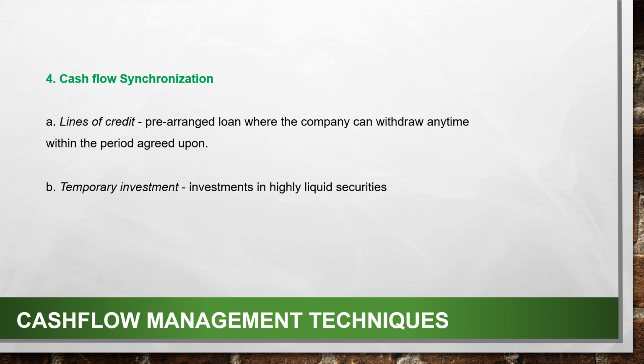Instead of doing that, you can hold cash good for 1 month only and invest the rest in highly liquid securities like a 60-day commercial deposit, 60-day time deposit, or 60-day treasury bill that can be easily converted to cash should need arise. Okay, so those are the ways.